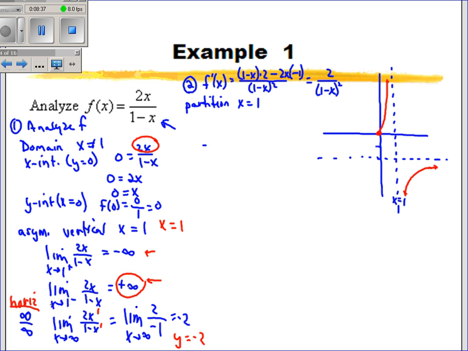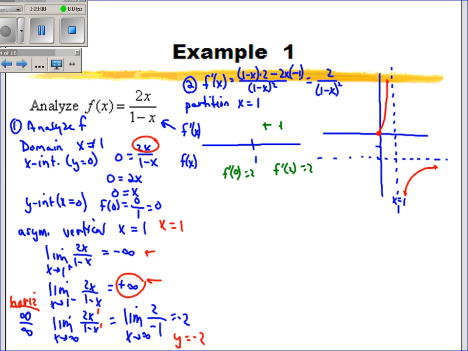So I'm going to do my sign chart for f prime. I'm going to put just 1 on there, so I've got f prime, and I want to see what's going on with f. So now, plug in a test point. I'm going to pick 0 over here. I know f prime of 0 is going to equal +2, and f prime of 2 is going to be equal to, now notice when I put 2 in the bottom, I'm going to have a -1, but I square it, so I'm going to also get +2.